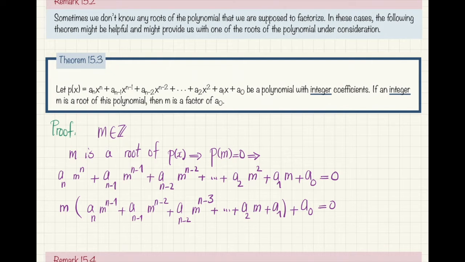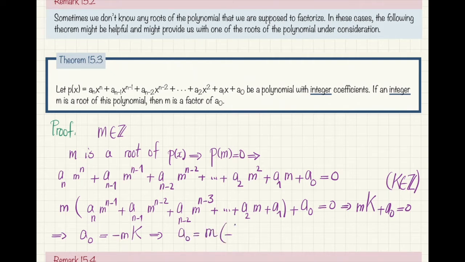So then I have m times k plus a0 equals 0. What is k? I don't know. What I know is that k is an integer. That's the only thing that I know. This means that a0 is equal to minus mk. Instead of minus mk, I can write positive m multiplied by minus k. They are exactly the same thing.